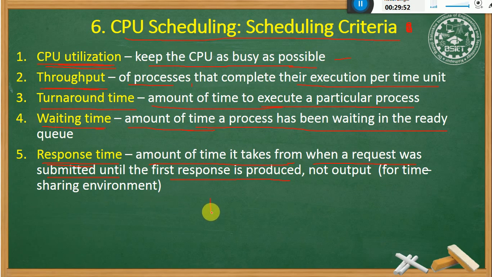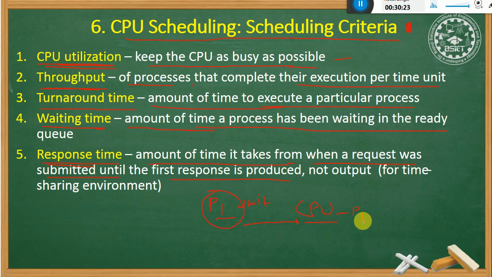Response time is nothing but when your process is in the ready queue, it spends some time in the ready queue, that is the waiting time. Okay, so when that process gets its first chance to get the CPU, the time required by the process to get the first response from the CPU is known as response time, because response time is minimum.